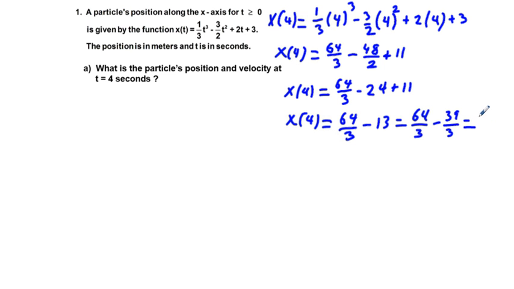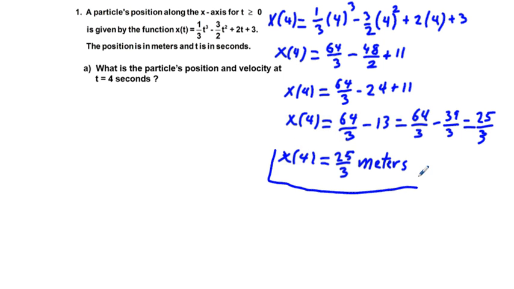So we're going to have 25 thirds. We'll write this as x of 4, the position at time equals 4, equals 25 thirds, and we have meters, right? So we'll say meters. That's going to be our position answer.